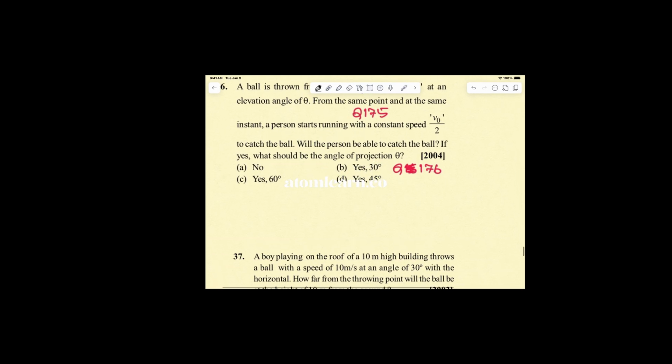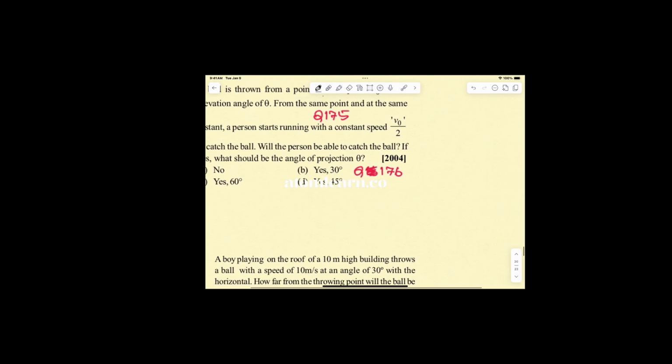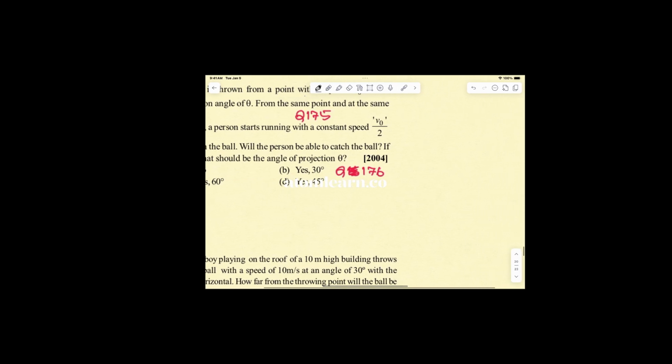This is now the same as what we saw about a fighter plane flying at a height, and then an anti-aircraft gun is firing a bullet, and therefore the horizontal component of the projectile must be the same as the fighter plane's. This is now very similar to this.